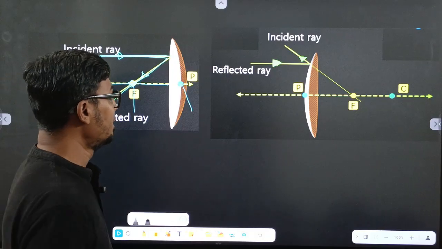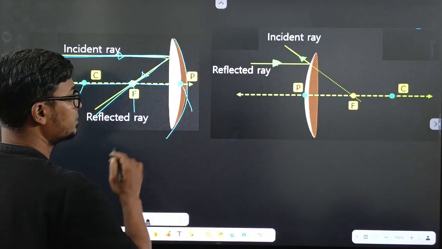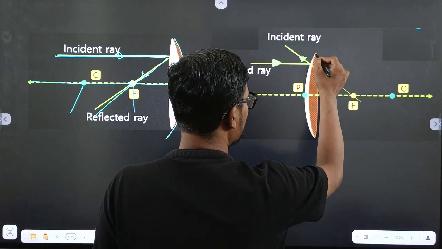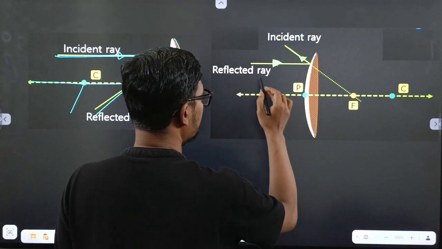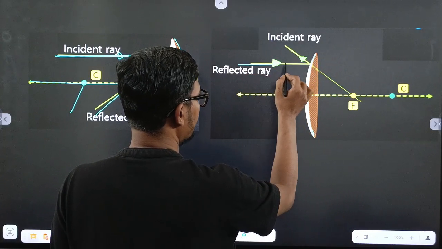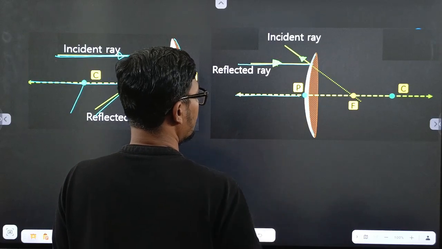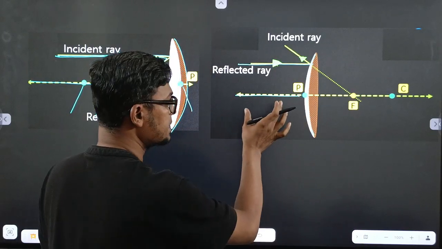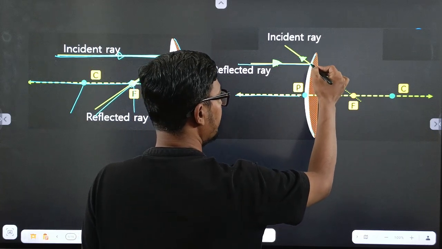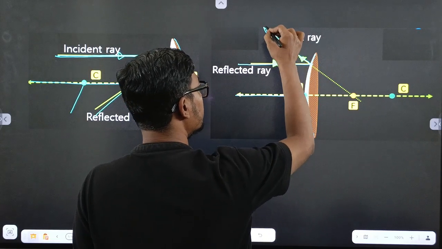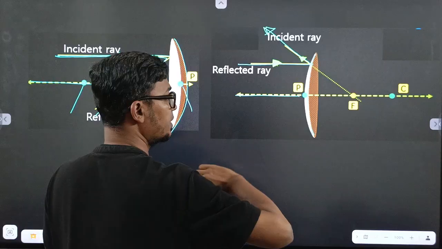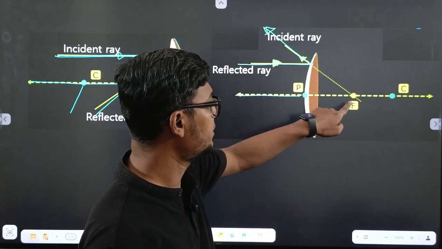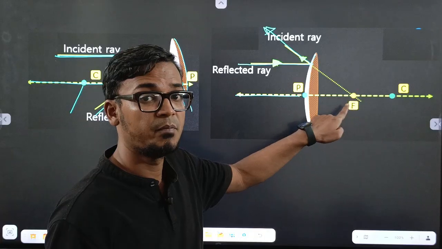Okay, this is a concave mirror and this is a convex mirror. Here, when the incident ray is coming parallel with the main axis, then the reflecting ray will go in this direction, and it will seem that this ray is coming from the focal point of this mirror.